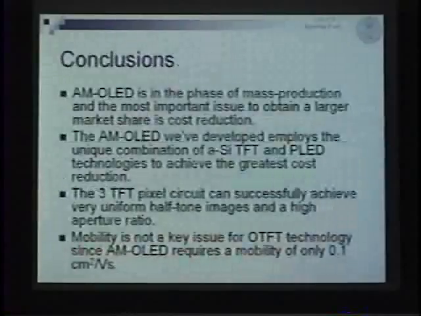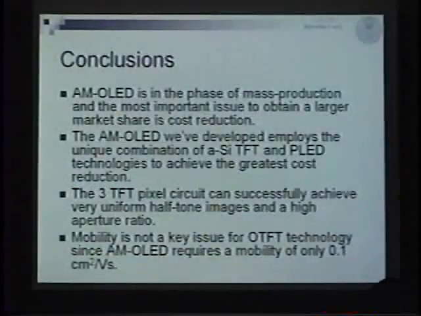Next, please. In conclusion, AMOLED is in a phase of mass production, and the most important issue to obtain a larger market share is cost reduction. The AMOLED we have developed employs the unique combination of amorphous silicon TFT and PLED technology to achieve the greatest cost reduction.